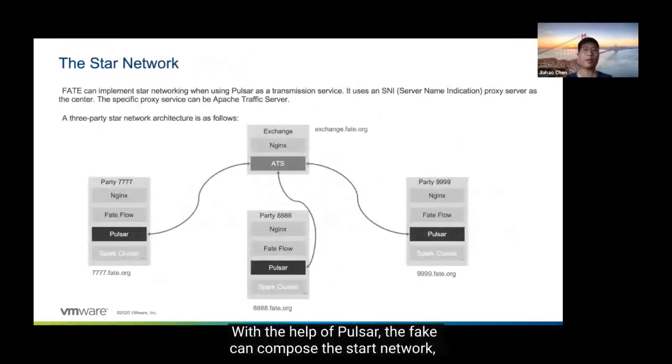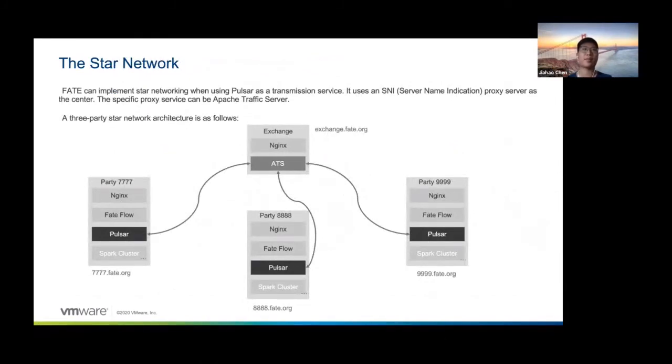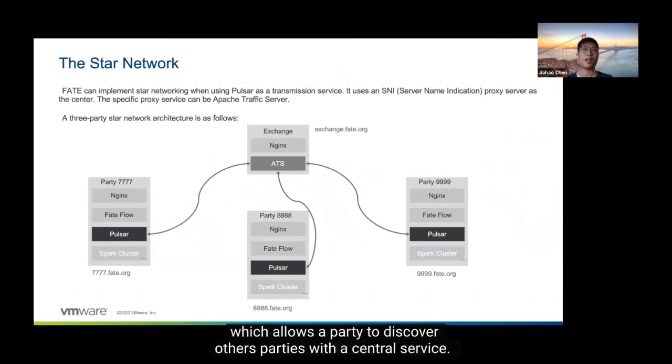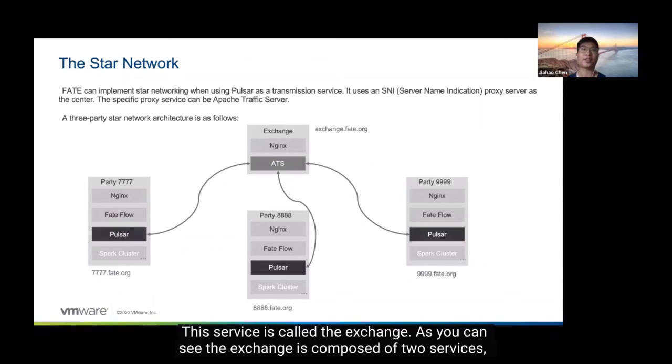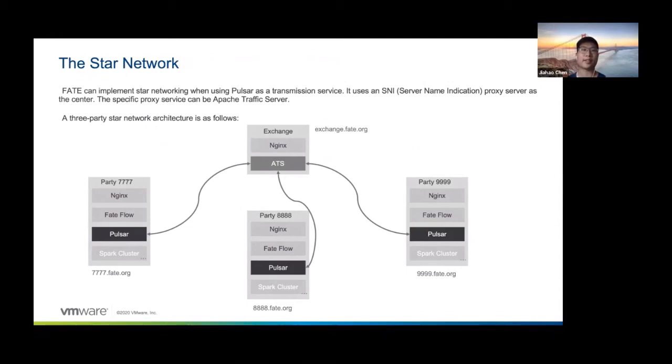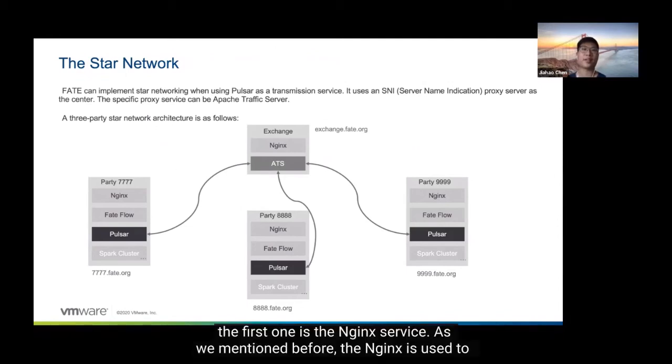With the help of Pulsar, FATE can compose the star network, which allows a party to discover another party with a central service. This service is called exchange. As you can see, the exchange is composed of 2 services. The first one is the NGX service.